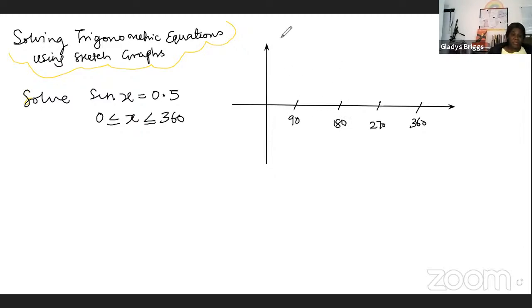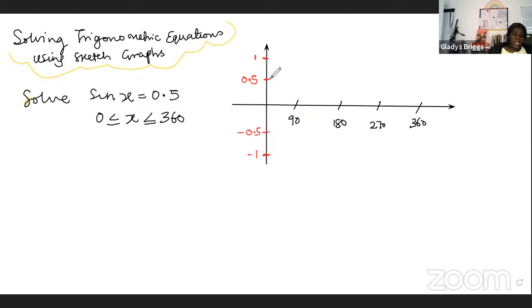If this is 1 and this is -1, then this must be 0.5, and this may be -0.5 and -1.